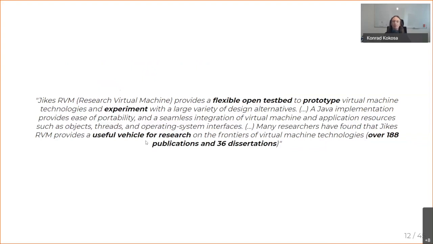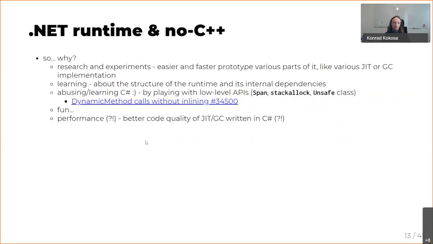A lot of scientific papers and publications were written around Jikes RVM, because in the Java world it is so convenient to have the runtime written in Java. It encourages and drives experiments on the field of the runtime itself.